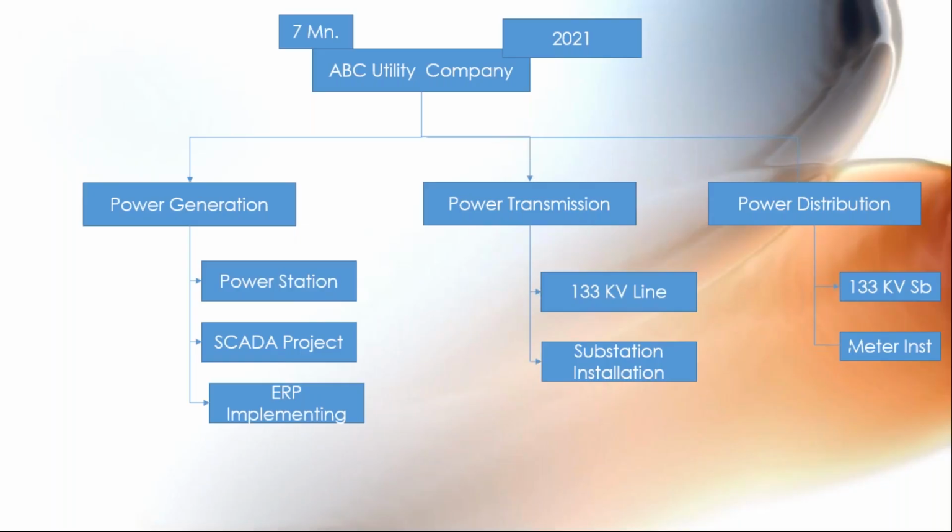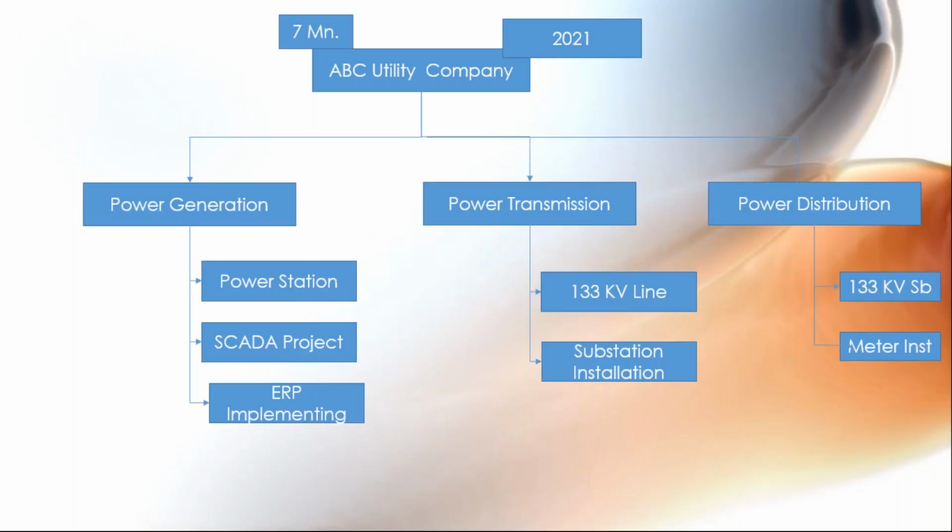So you need to understand how to create a standard investment structure. It can be based on functions, location, process, or work. There are different ways to map this requirement.